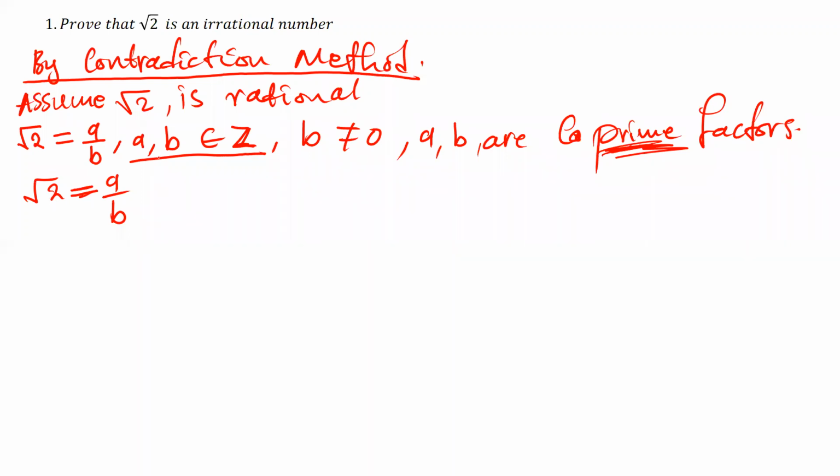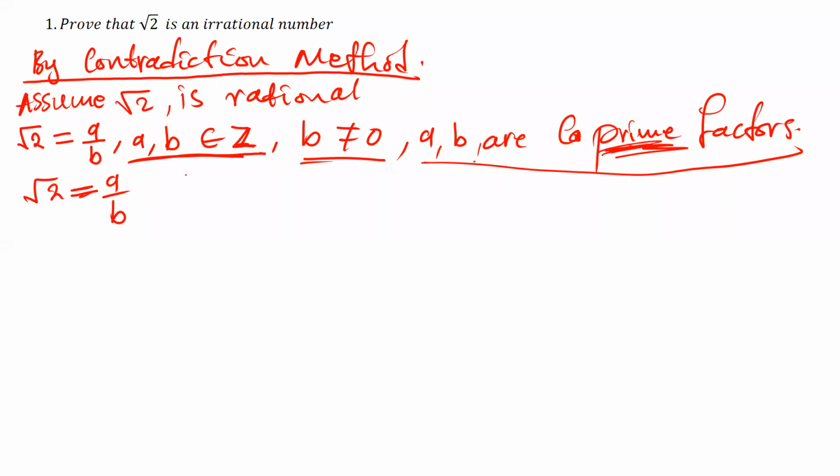So if we find any statement that is contradicting with either this statement here or this one here, we conclude just from there to say the root of 2 is irrational, because there's a contradiction there to say maybe a and b are not co-prime factors, or b is equal to 0, or a and b are not members of integers.